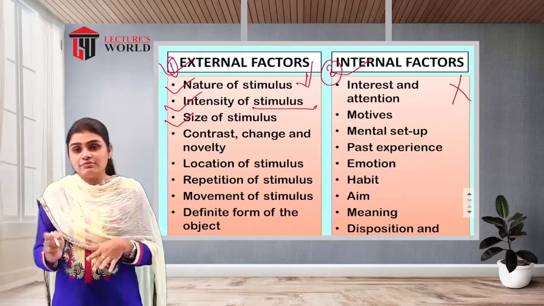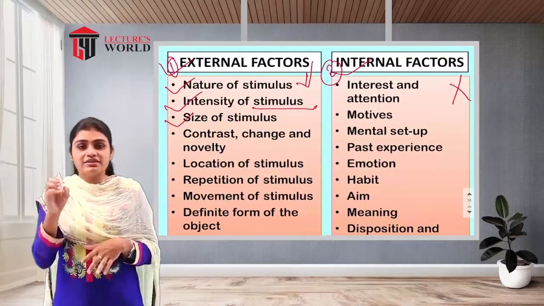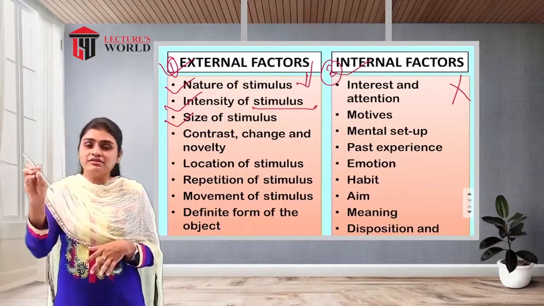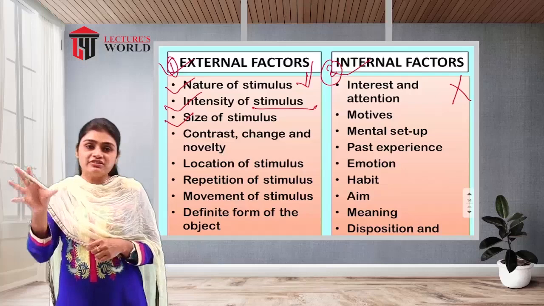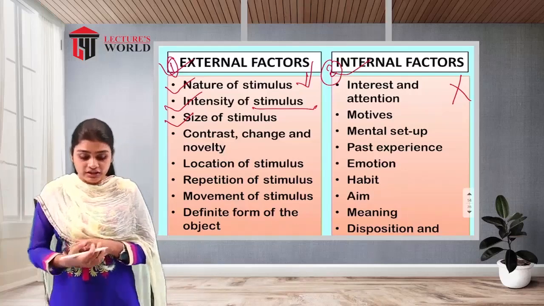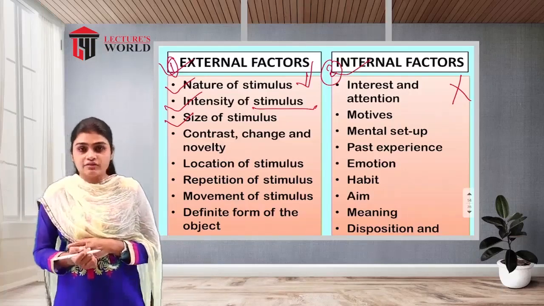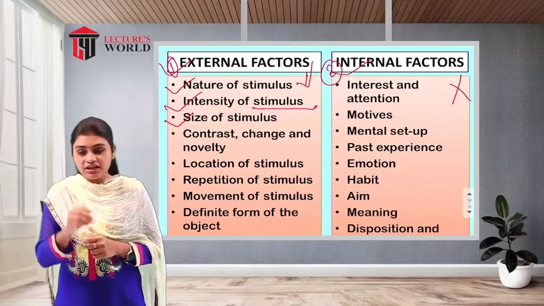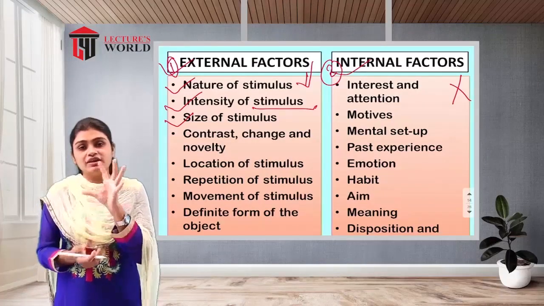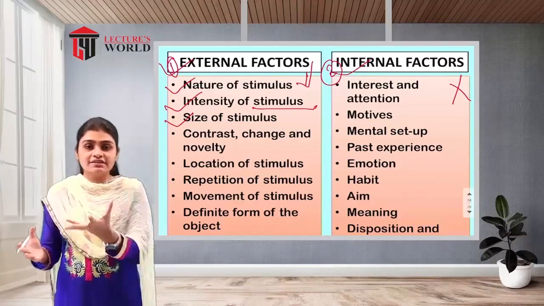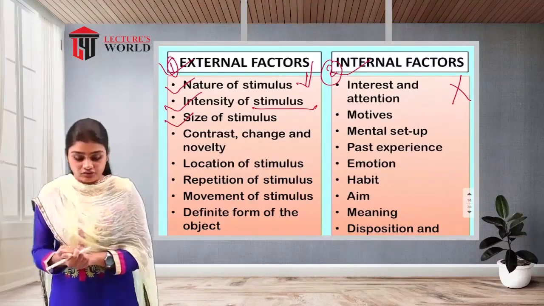At the same time, if a large background is there and a very small thing is drawn over there, then that small thing is also going to achieve our attention very quickly. So that is the size of stimuli, based on the background and on the objects. If objects are very large in size, they easily achieve our attention.